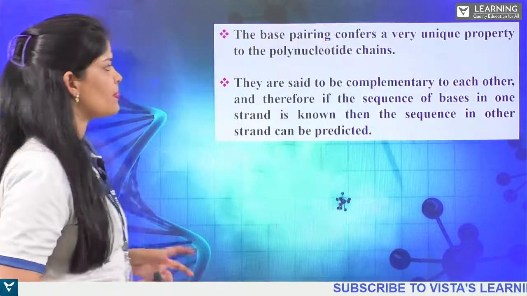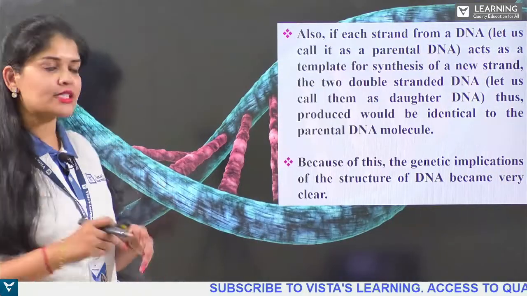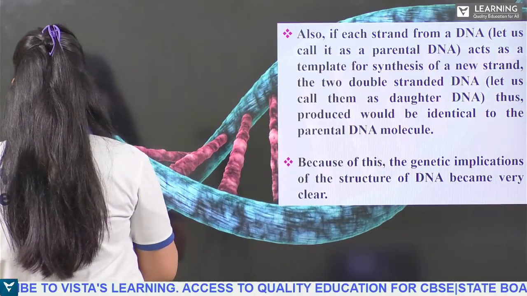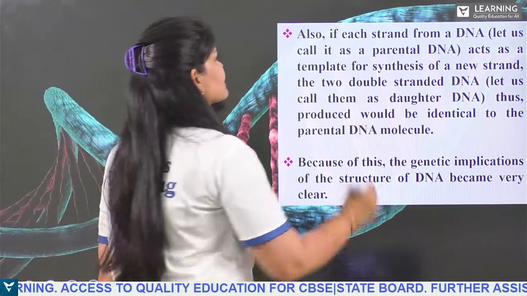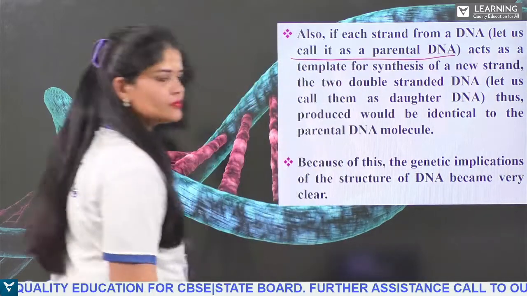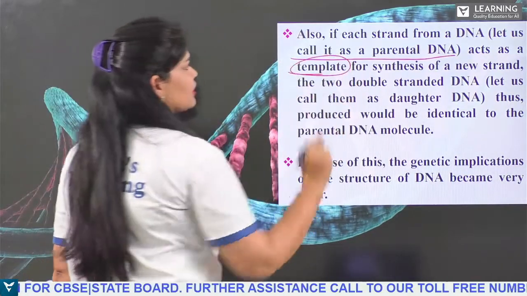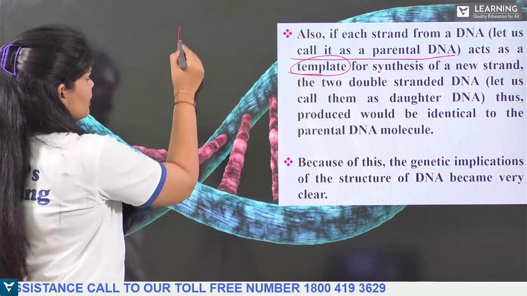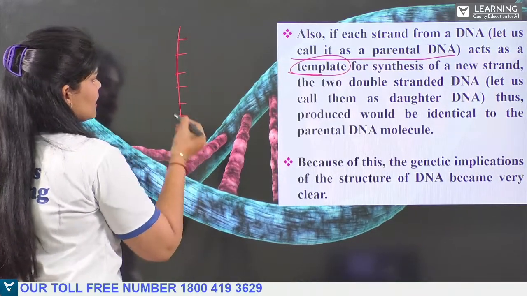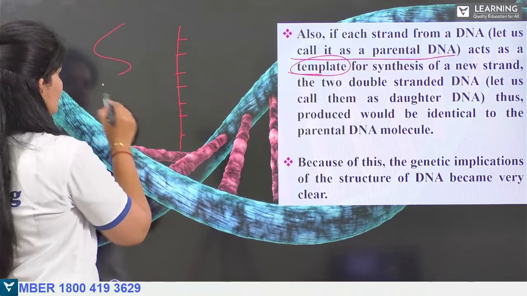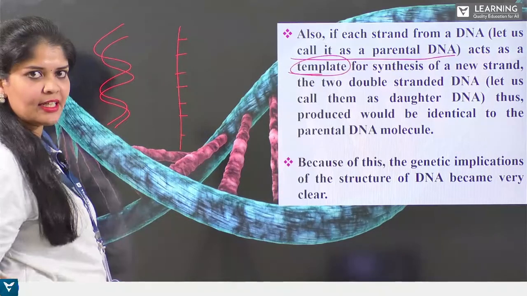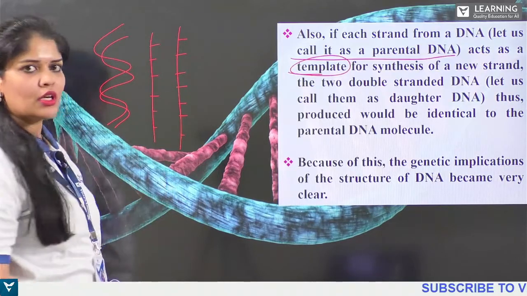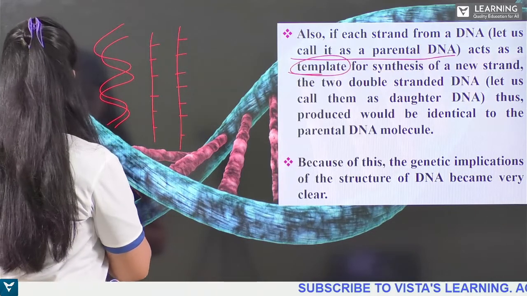Now, here also, if one strand of DNA, let us call it a parent DNA, acts as a template for synthesis of a new strand. See, this is a parent DNA which separates into two single strands.